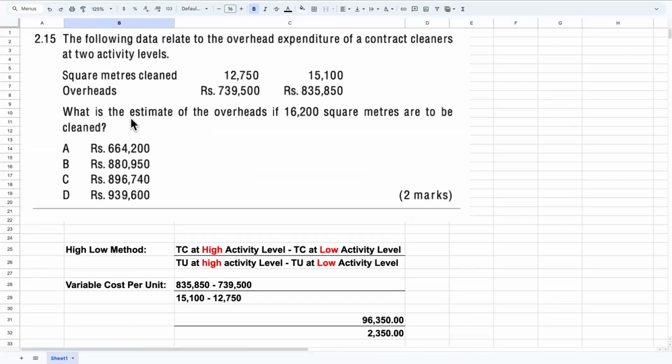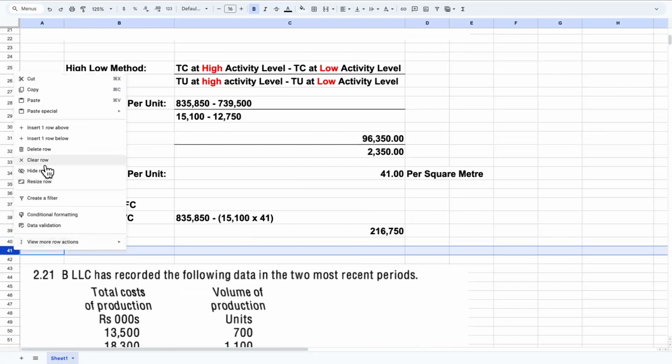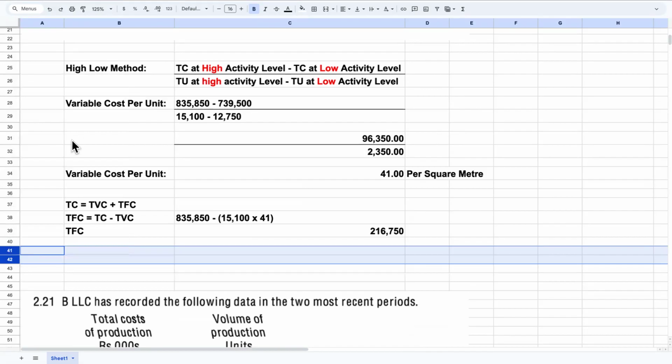So our question is, what is the estimate of the overheads if 16,200 square meters are to be cleaned? We can make some estimation with the use of the information we have gathered right now.